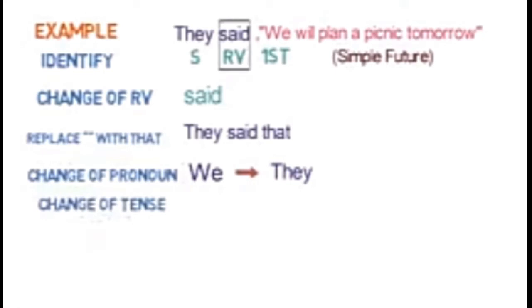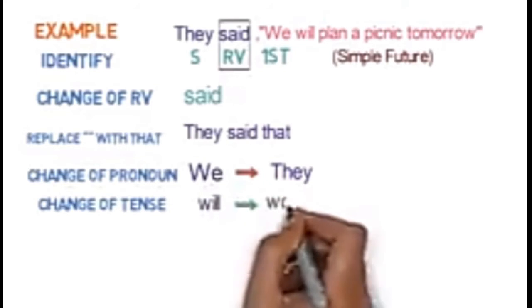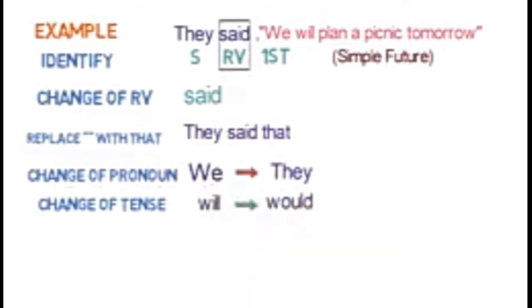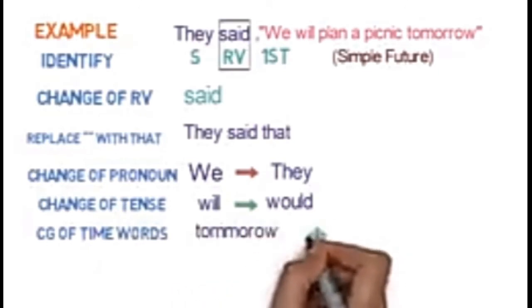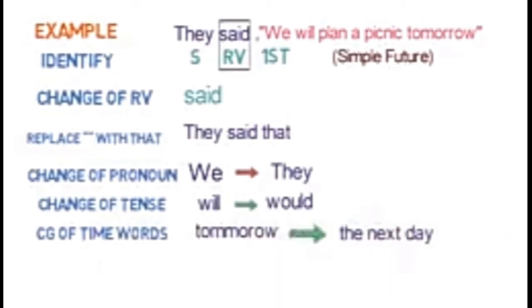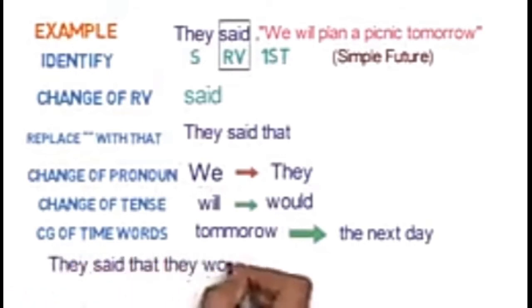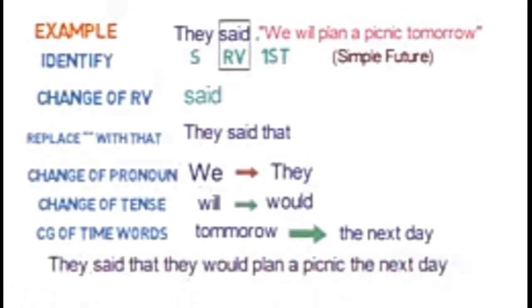Here the tense is in simple future. In this case, will is converted to would. Sixth step is of change in time denoting words. So tomorrow will be converted to the next day. The final sentence in the indirect speech is they said that they would plan a picnic the next day. Let's look into next example.